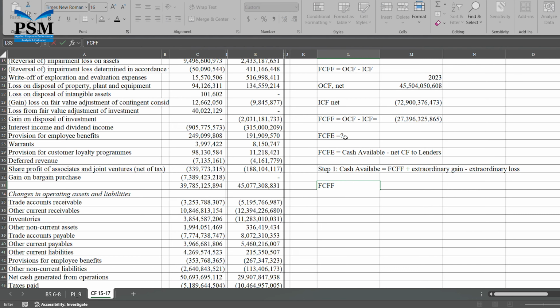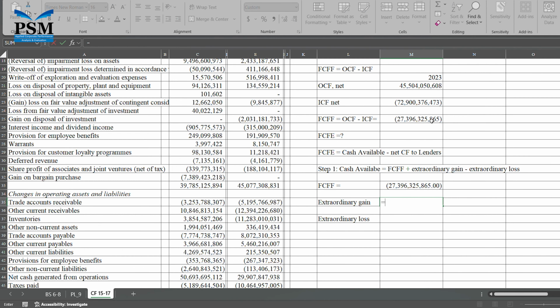Now, we have already computed the FCFF, so we just copy the number from there. This is the FCFF. And then we add that number to any extraordinary gain, and then subtract any extraordinary loss. We can get these numbers from the statement of cash flow.